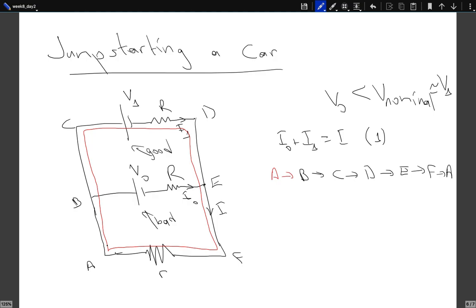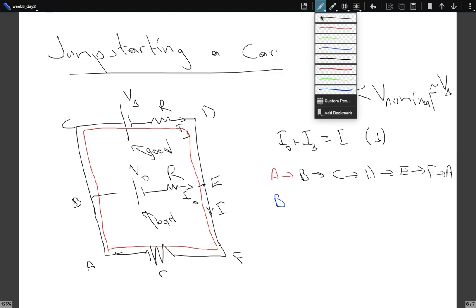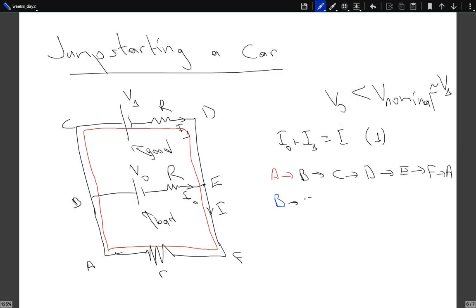Somebody else? Choose one. B, C, D, E. Okay, B, C, D, E, and B. So this is the second loop.